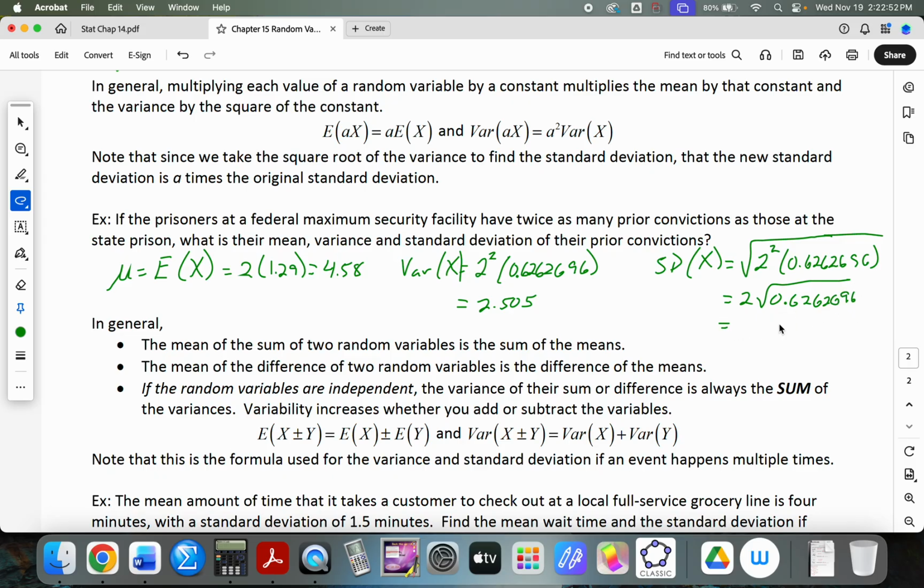So that's 2 times the old standard deviation. And the old standard deviation was what? 0.79137? So that's going to be 1.582.